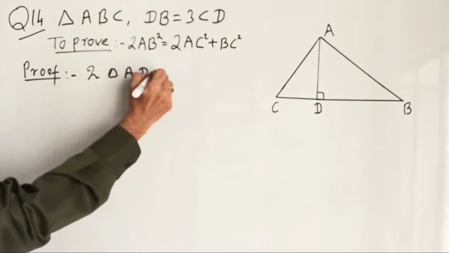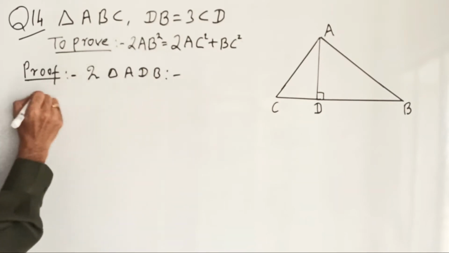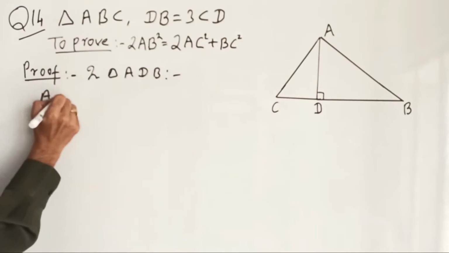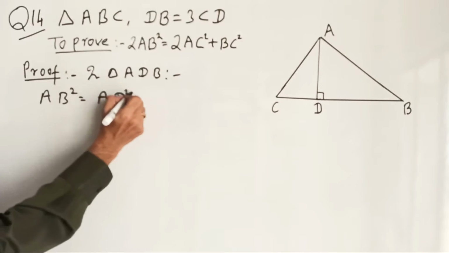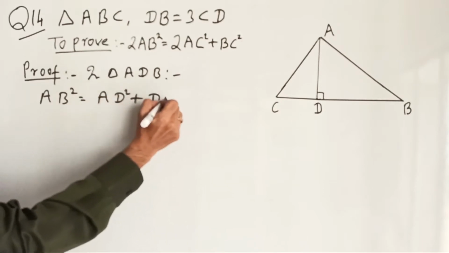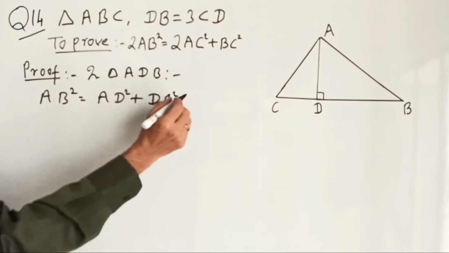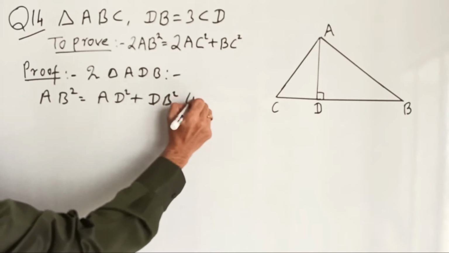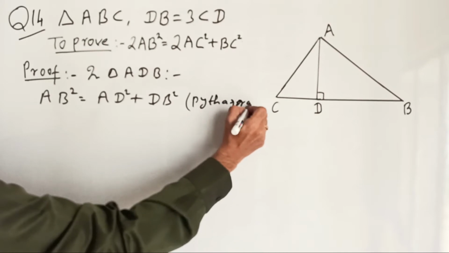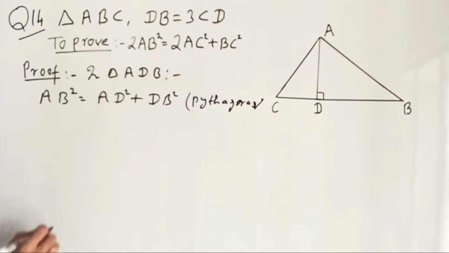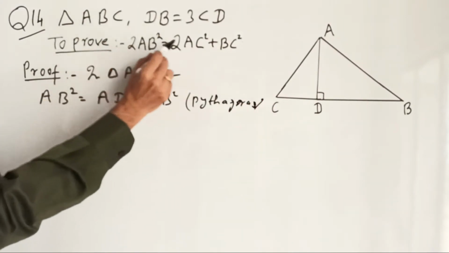So in triangle ADB, AB square is equal to AD square plus DB square by Pythagoras. Okay student, so we will write the reason as Pythagoras.